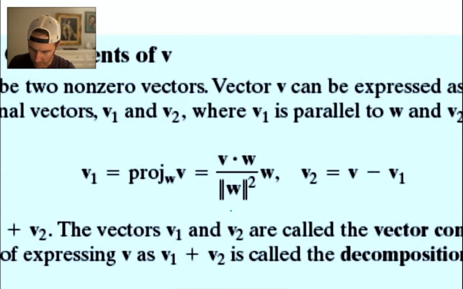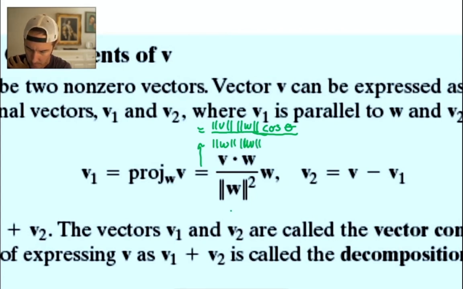So this numerator right here, I'm going to take this equal sign up to here, and here's my division, that's my fraction. V dot W is equal to the magnitude of V times the magnitude of W times the cosine of the angle measure between them, and the denominator is made up of the magnitude of W times the magnitude of W. And then all of that gets multiplied as a coefficient times vector W. Interesting.